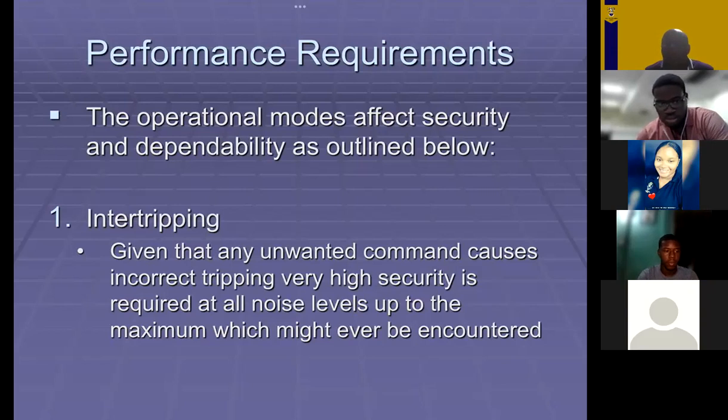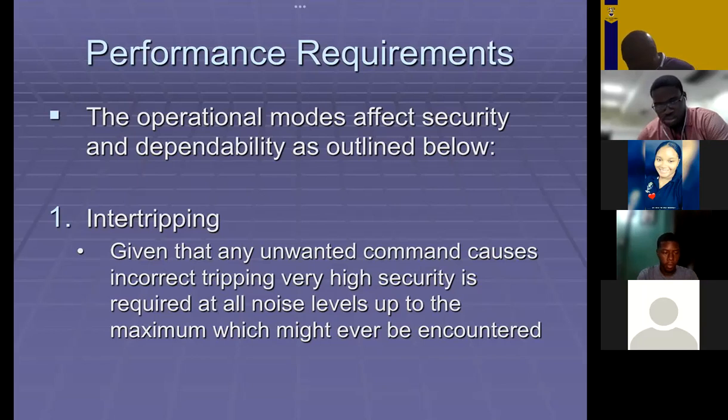So in other words, your communication system must be able to mitigate any potential noise that would cause a false signal to be created. So it must have high security.